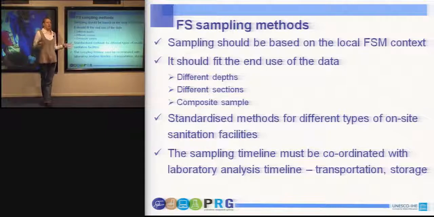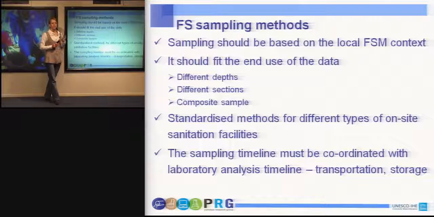So just to summarize, what is the importance when we develop fecal sludge sampling methods? The sampling should, first of all, be based on the local fecal sludge management context. I was speaking about pit latrines, which are very appropriate for the context of Southeast Africa.